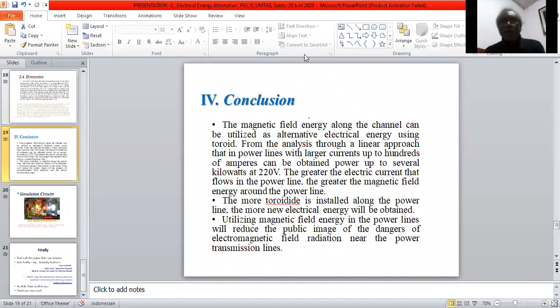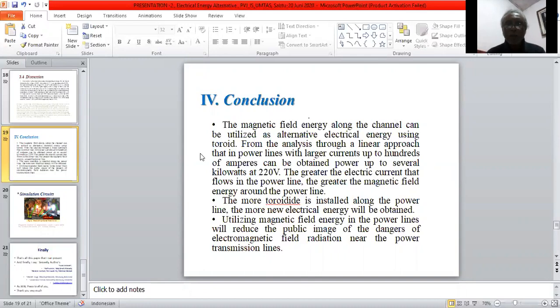Next, from the analysis above, we can take the conclusion. The magnetic field energy along the power line can be utilized as alternative electrical energy using toroid.